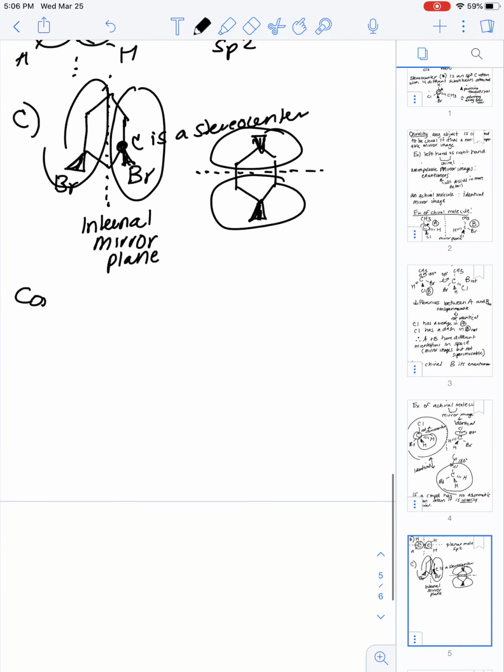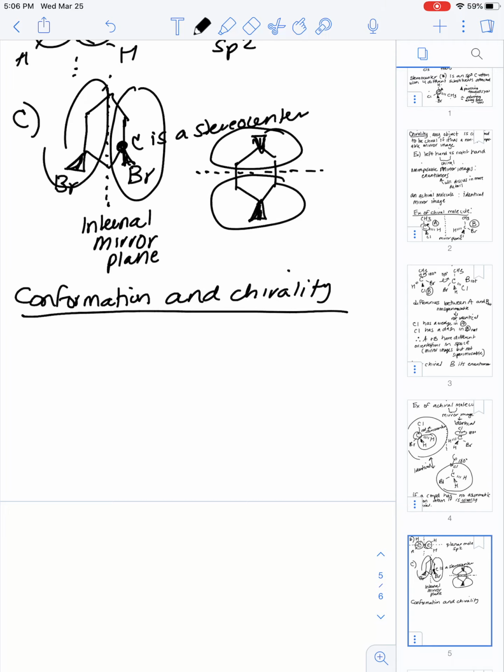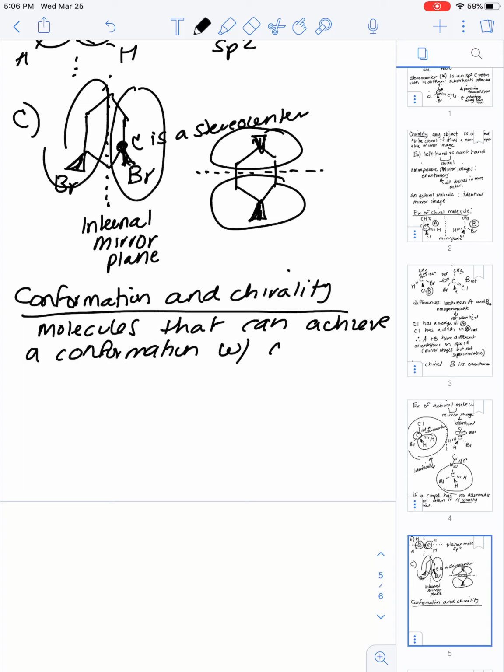So let's look at conformation and chirality. Molecules that can achieve a specific conformation with an internal mirror plane are going to be achiral.